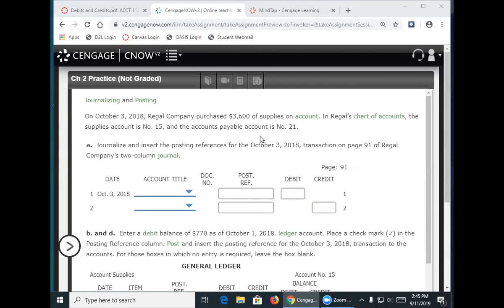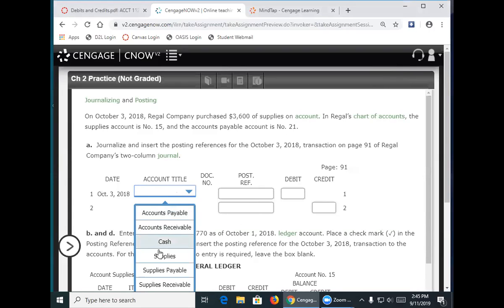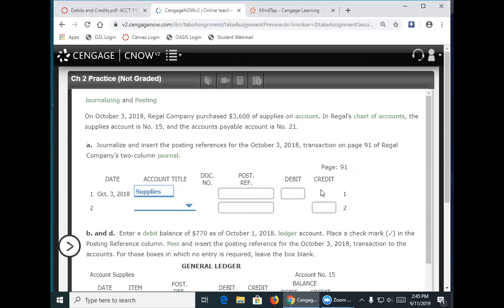Increasing, good. And what type of account is supplies? It is an asset, good. If it is an asset and it's increasing, we're going to debit it. So the supplies account gets debited $3,600. And then accounts payable is a liability and it's increasing. Accounts payable gets credited $3,600.